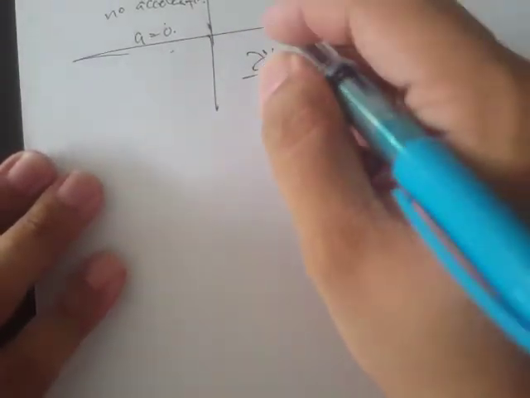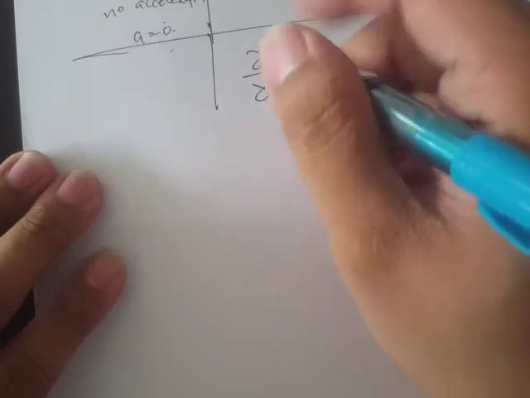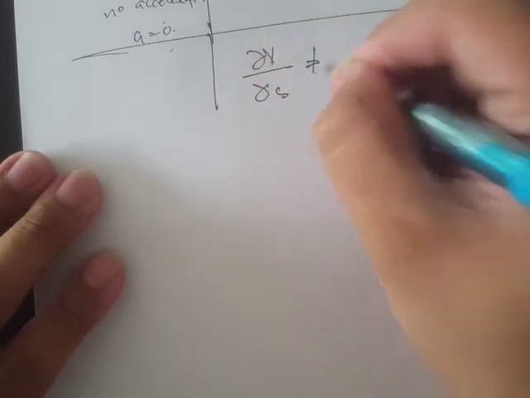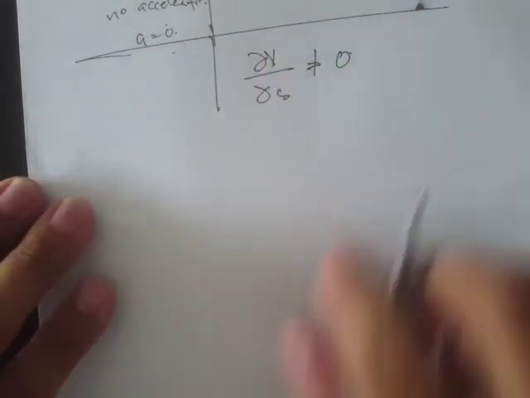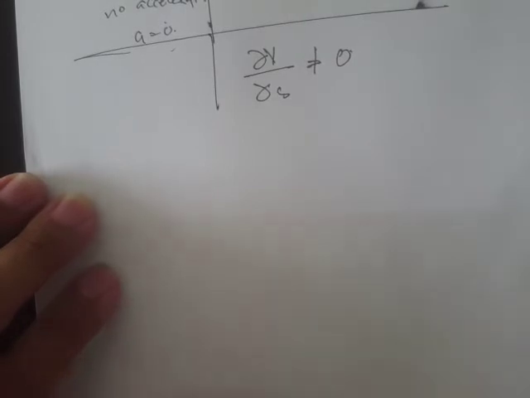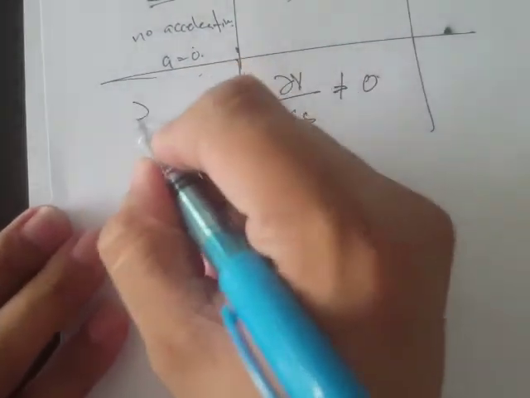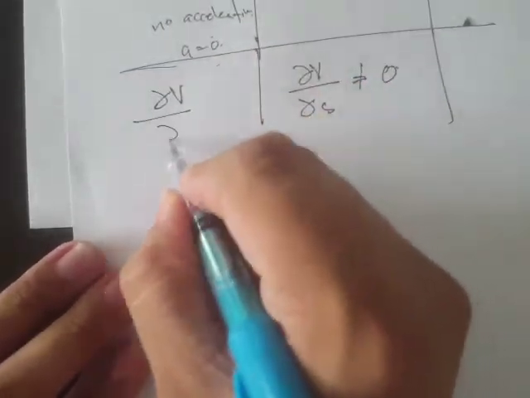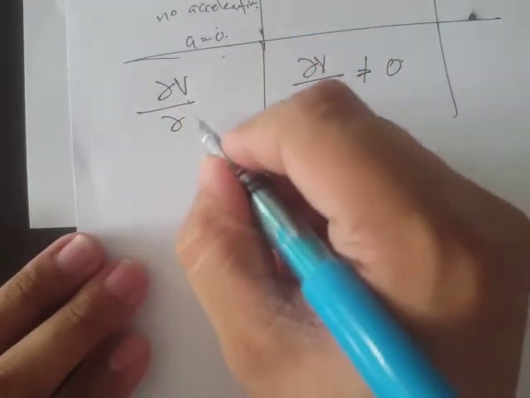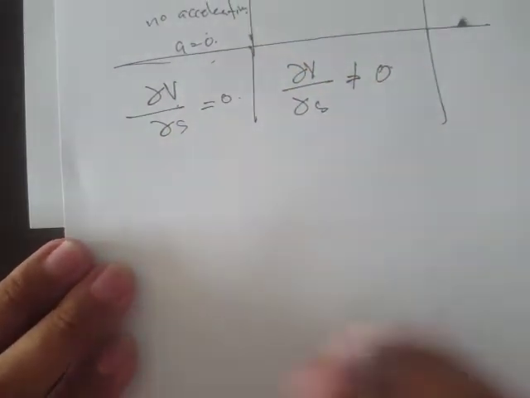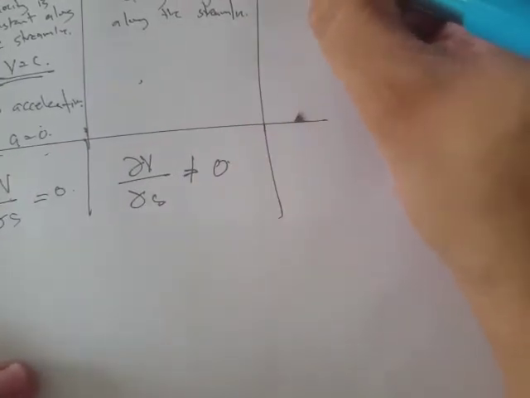So the change of velocity with respect to position is not zero for non-uniform, and for uniform the change of velocity with respect to position is actually 0 because it's constant.